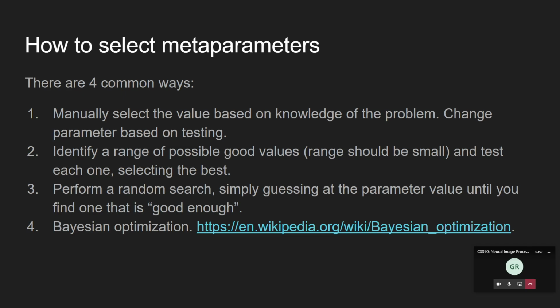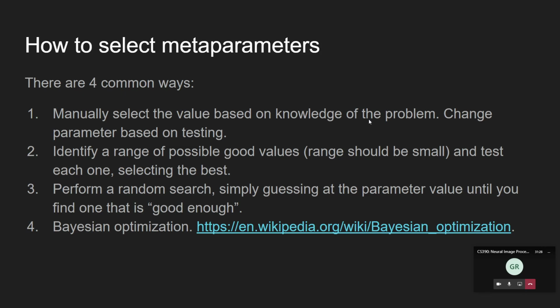Anyways, there are 4 general ways you can go about selecting hyperparameters. The most common probably, and the most simple, is just manually select based on the knowledge of the problem and change it based on testing, usually with something called a validation set. You're trying to get a feel for the problem.